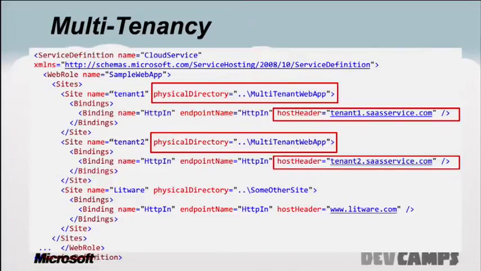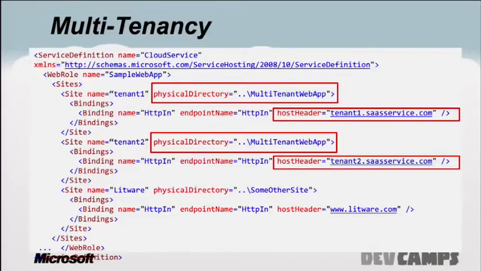Now, to set up the host headers, it's also quite easy as well. So we just go and specify a host header for each of those, and then we know when we get a request hitting this deployed web role, it'll look at the host header and then route it to the appropriate code base.